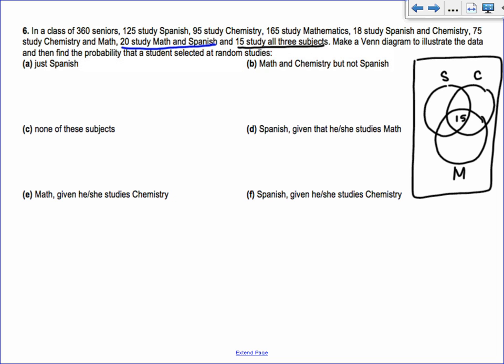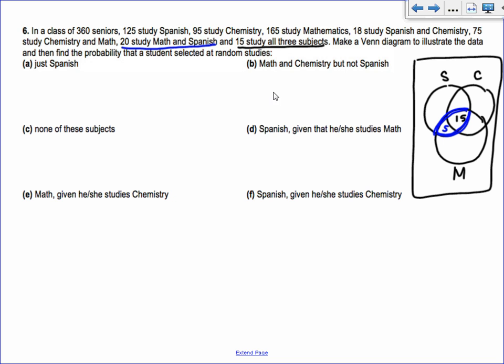Well, math and Spanish is going to be this little football shape right there, where those 2 circles overlap. We need a total of 20 in there. I have 15 already. What do I need? 5. So I'm going to put 5 right there, because I need a total of 20 studying both math and Spanish.